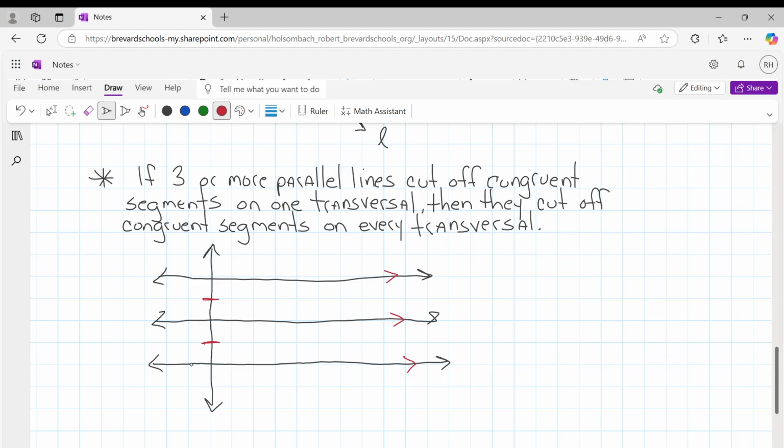Three parallel lines, and along one of the transversals, at least two pieces are congruent.